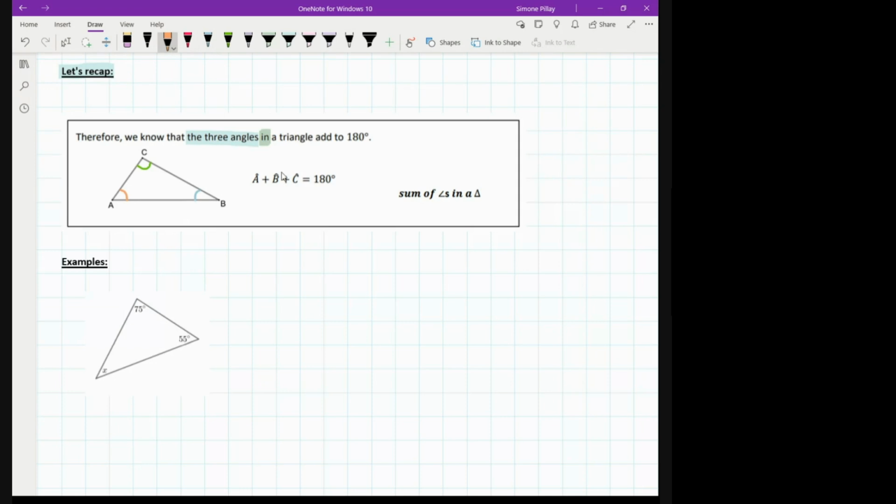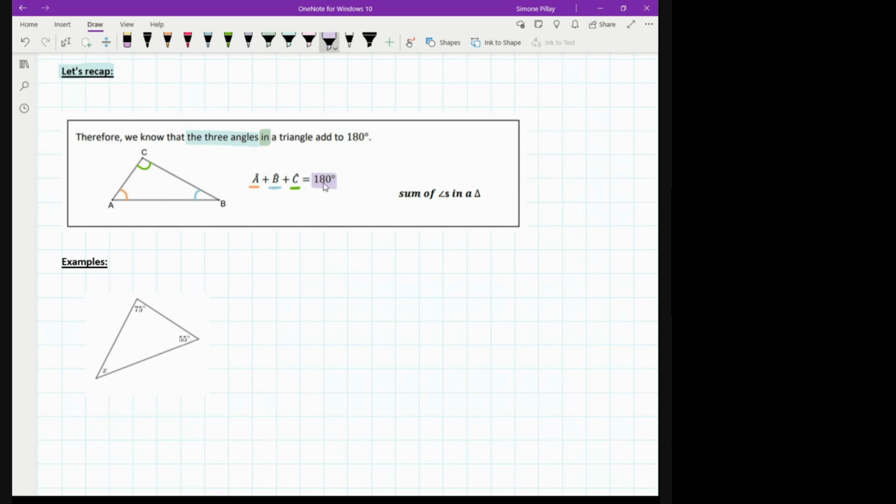And when we say angle A plus angle B plus our green angle, which is angle C, when we add all of those angles together, there is a rule that we learned. The rule is that when you add those angles inside any triangle, they will always add up to 180.